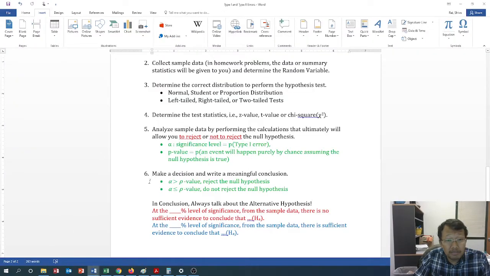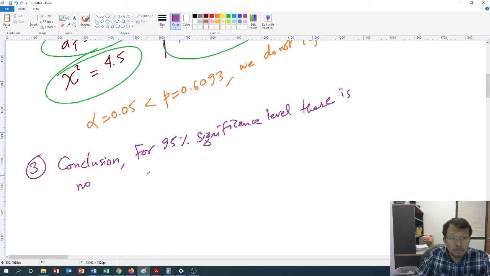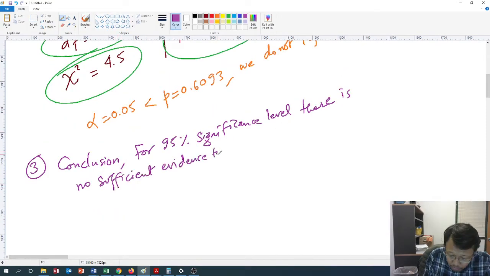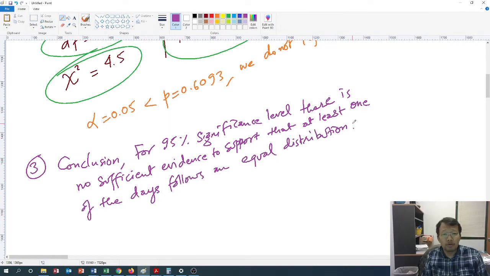Since alpha is less than the p-value, we do not reject the null hypothesis. So in conclusion, at the 95% significance level, there is no sufficient evidence to support that at least one of the days does not follow an equal distribution. Okay, so this is the way we go for goodness of fit, and I hope you got the point.